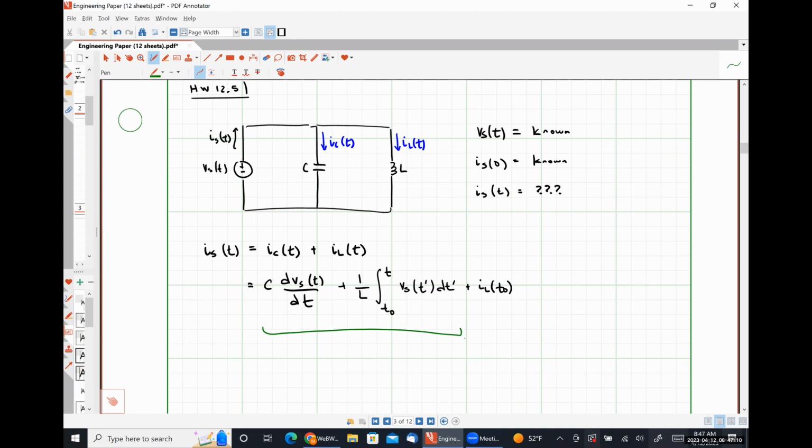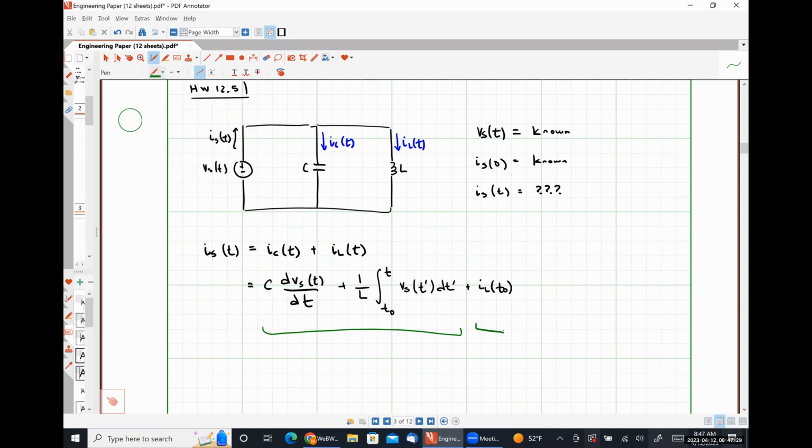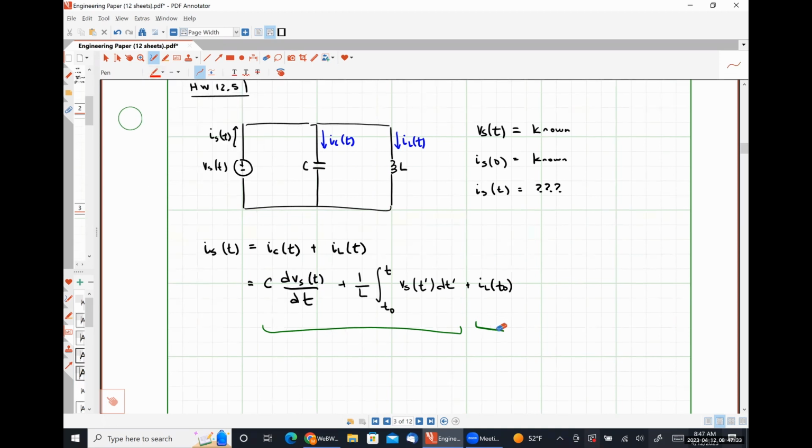This part is all fairly straightforward because it's just doing calculus on known quantities. Right? We're taking the derivative of that voltage relationship that we were given for the first part. We're taking the integral of that voltage relationship for the second part. But this IL at T naught bit is a piece of information that I don't think we currently have. Okay. All right.